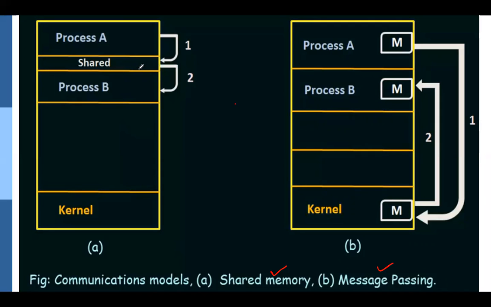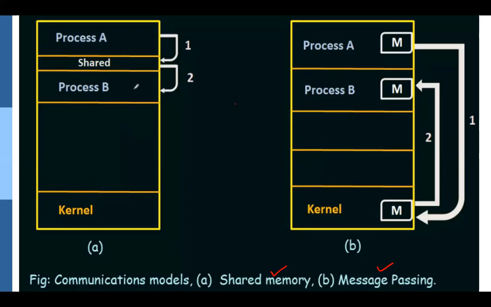Here what is necessary is that the shared memory should be in the address space of process A, and this shared memory region should also be in the address space of process B.